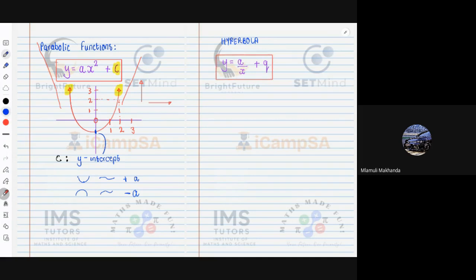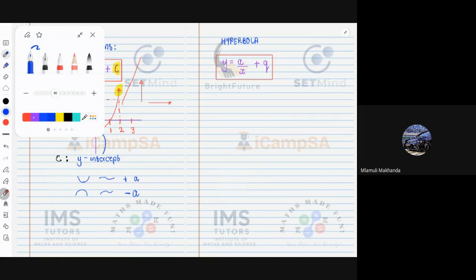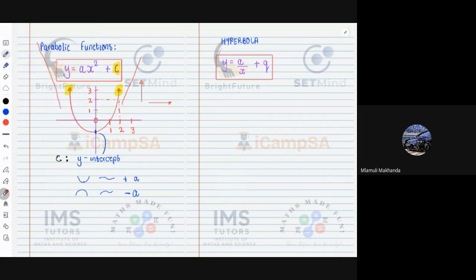And then let's also draw the graph of the hyperbola. So generally the graph of the hyperbola looks like this. This is the hyperbolic function.